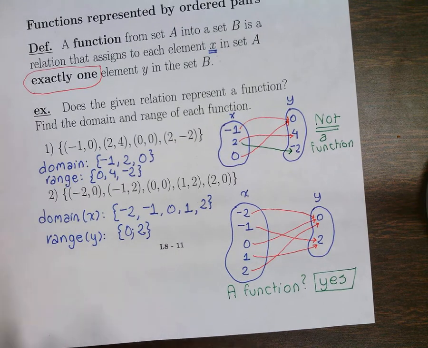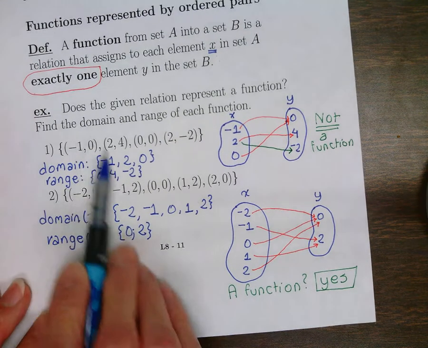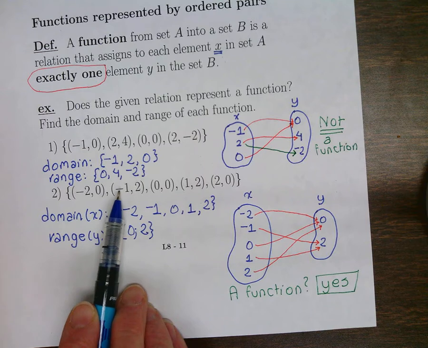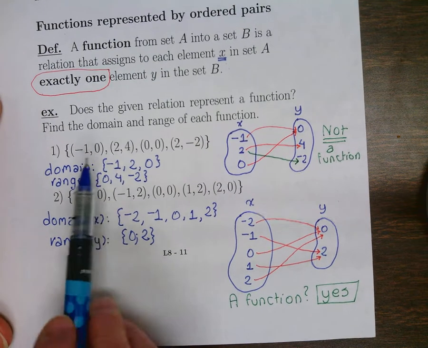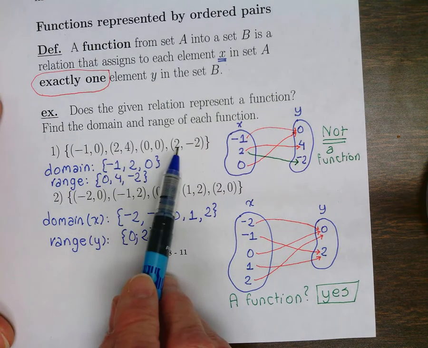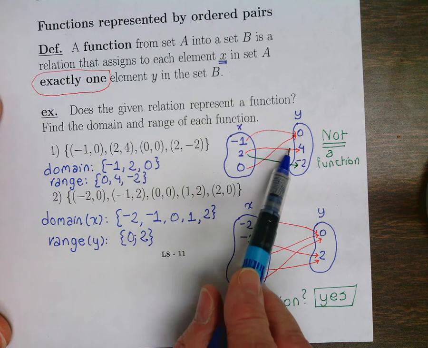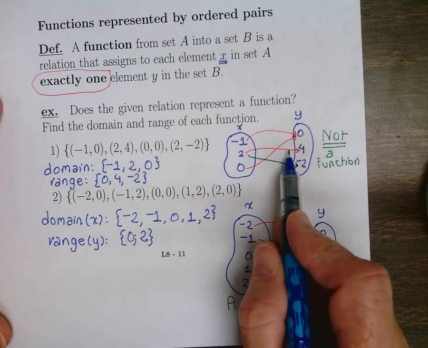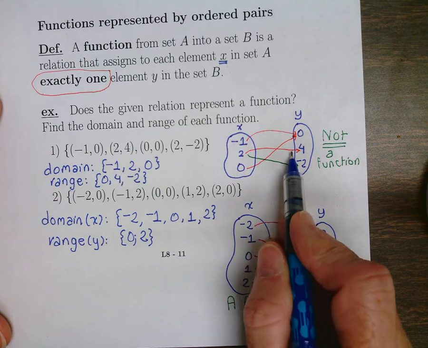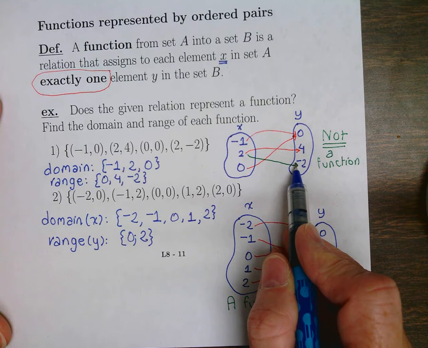And there's another way that we can look at the difference in these 2 relations. They're both sets of ordered pairs. Notice that in the first set of ordered pairs, we had 2 ordered pairs with the same X value. As soon as that happens, we're going to have this scenario where you have one X value associated to 2 different Y values.